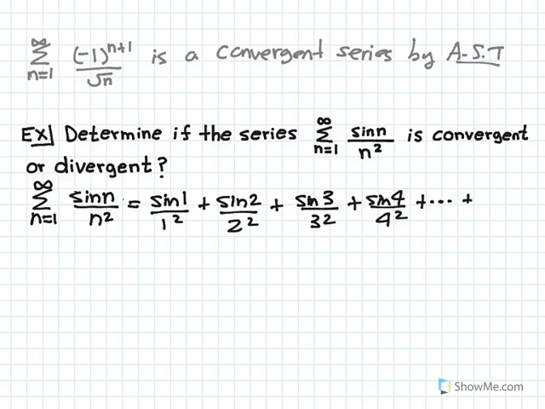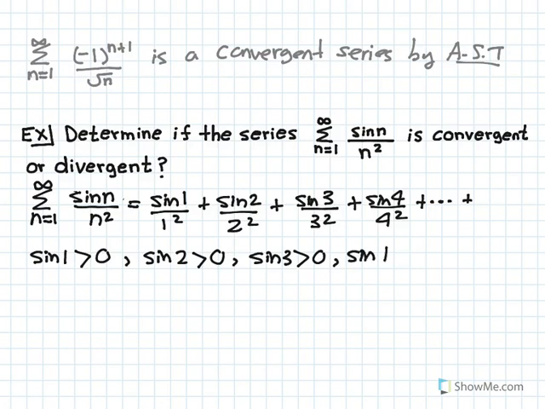So this series has both positive and negative terms. If we plug sine 1 into a calculator, this is positive. Sine of 2 radians is also positive. Sine of 3 radians is also positive, but sine of 4 radians is negative. But it is not alternating.